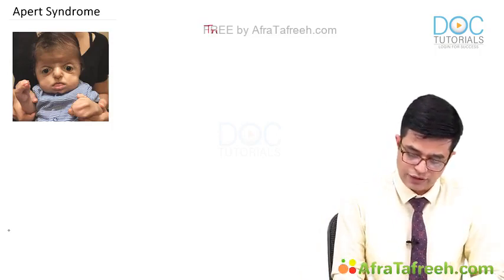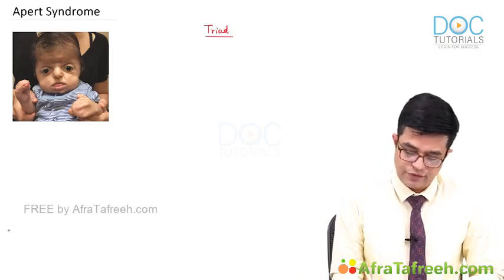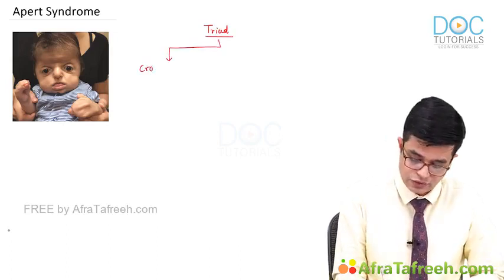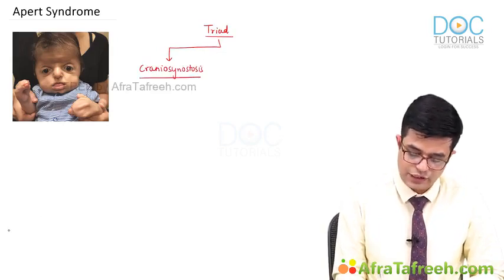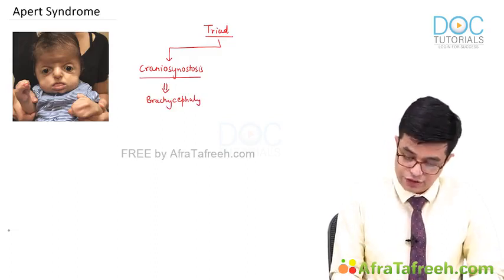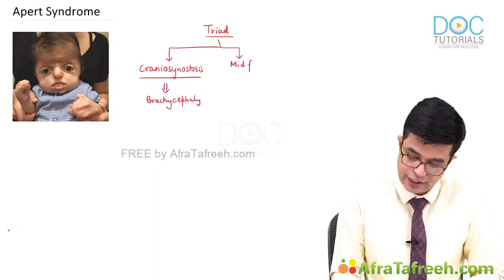Apert syndrome is characterized by a triad of three things. First feature of Apert syndrome is craniosynostosis. The common craniosynostosis which can be seen in them is brachycephaly, although scaphocephaly can also be seen. The second feature of Apert syndrome is mid-face hypoplasia.